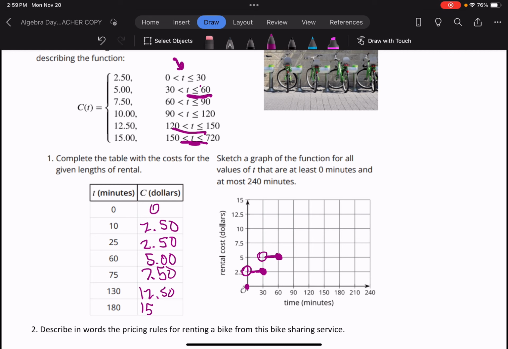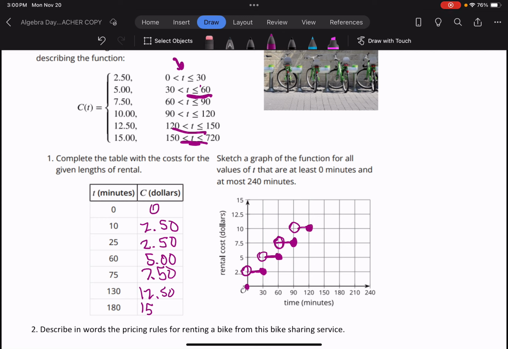Then from 60 to 90, it's going to be $7.50, and again open on this side and closed on this side. And then from 120 to 150, oh sorry, I skipped one. From 90 to 120, open on this side, closed on this side, it's $10.